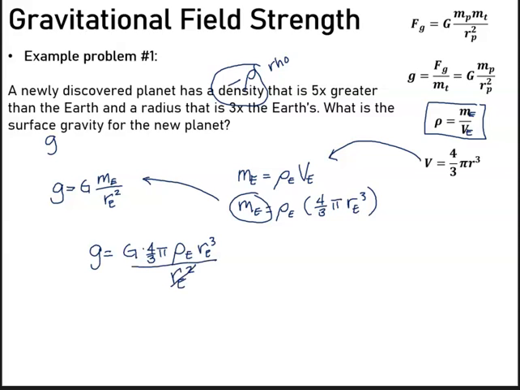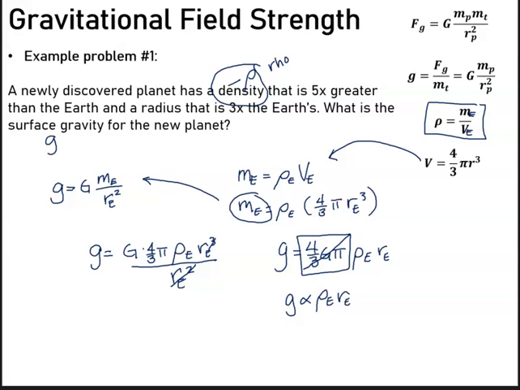So this is going to cancel with this, and my surface gravity is going to equal 4/3 G pi, the density of the Earth, the radius of the Earth. All of this is a constant. So the surface gravity is proportional to the density of the Earth times the radius of the Earth.